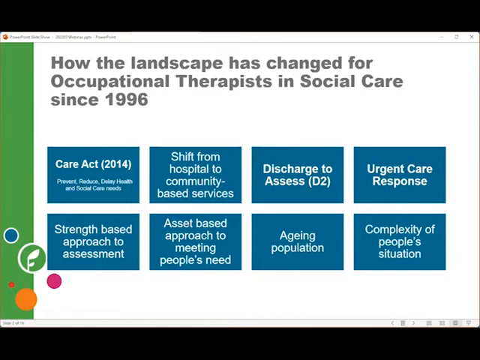But what that does mean is that the need for occupational therapists is even more in demand around assessments and looking at solutions. And obviously on top of that, we've got that ageing population and complexity of people's situations. So I think it's just useful to highlight those key factors, because it reminds ourselves, both within social care and housing, of the demand for occupational therapy.